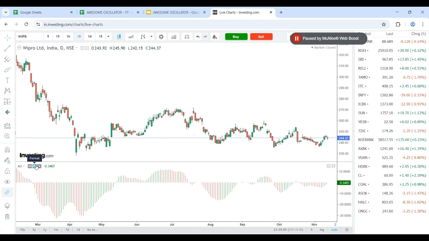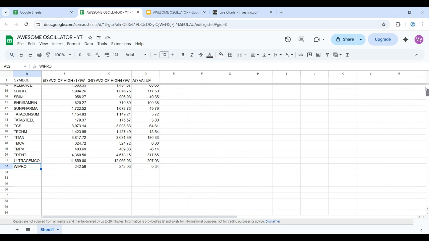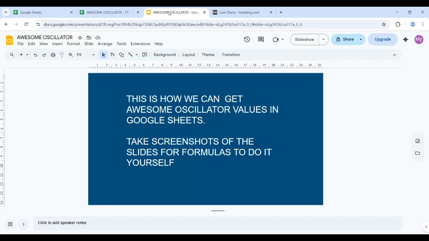You can also check 0.3407 here. 0.34 means the formula is working and we are getting the correct values. Okay, so this is how we can get awesome oscillator values in Google Sheets.